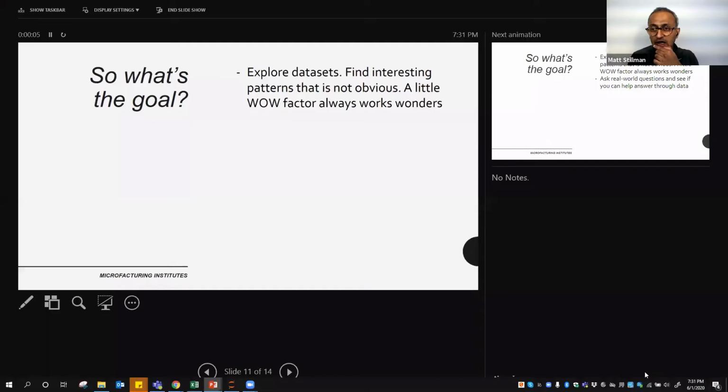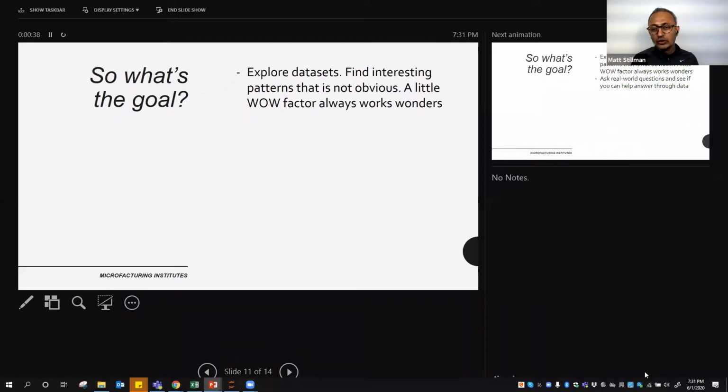So the goal is, of course, exploring data sets, right? So find interesting patterns in whatever data set you have. And there are a lot of the data analytics you would encounter in the real world, right? If you are working in your employer setting, a lot of the analytics you will deal with are all going to be very simple, right?